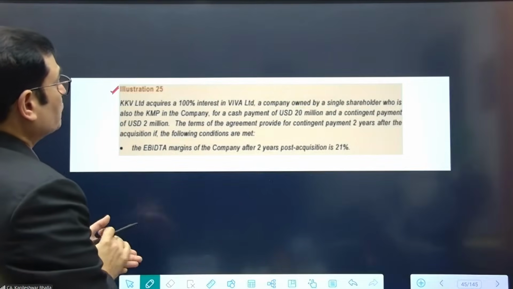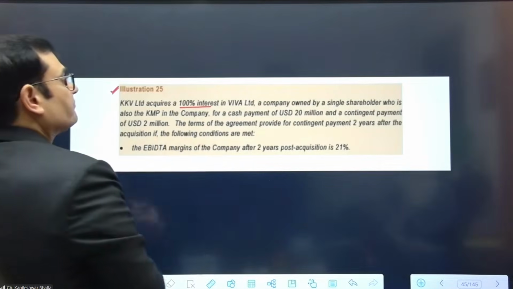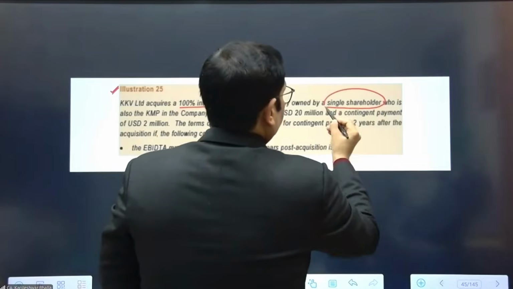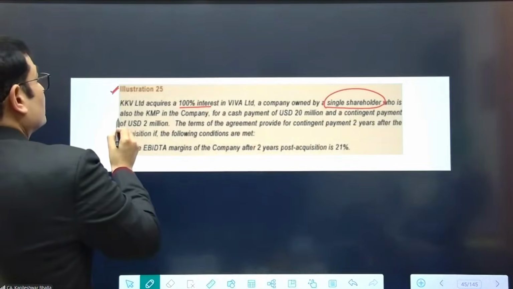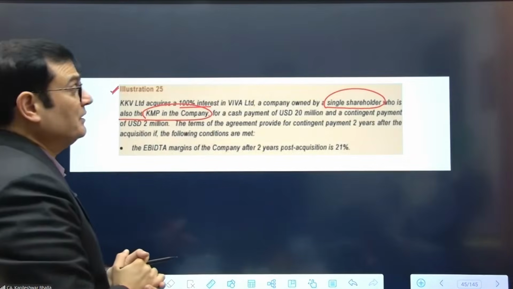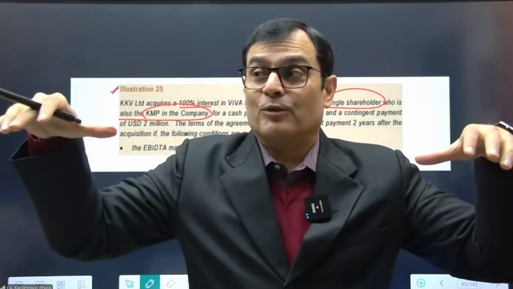Let's have a look at illustration number 25. It says KKV acquires 100% interest in Viva, a company which is owned by a single shareholder who is also the KMP of the company. Did you understand this? That he is the shareholder of the company.